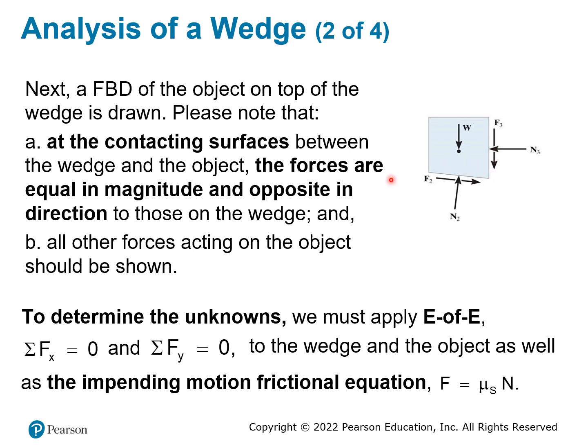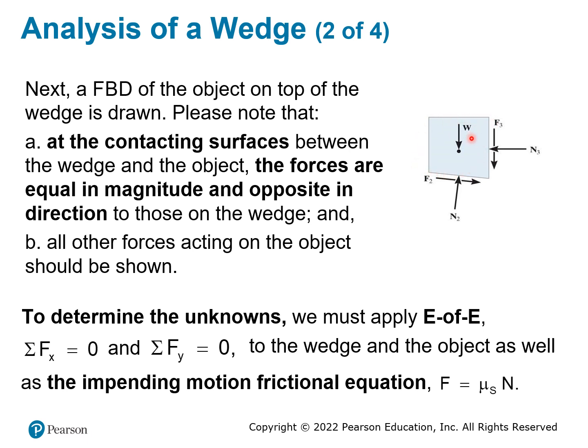And this small wedge is pushed to the right, so on the wedge itself, the friction goes to the left. But for the big object, the friction goes to the right because they are action and reaction. Okay, so we have a much clearer picture of the free body diagram for both objects.